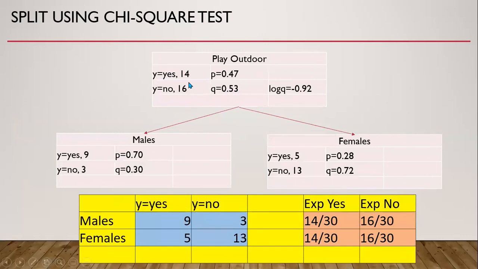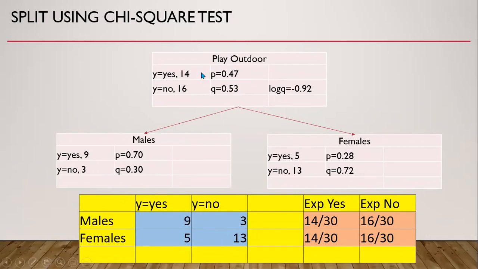So this is the same example. We have a set of 30 students. We divide them on the basis of male and female. So this is the contingency table for chi-square. These are the observed frequencies. Out of the 12 males, 9 plus 3, 9 play outdoor games. Out of these 18 females, 13 plus 5, 5 play outdoor games. And from where do we get expected frequencies? We get expected frequencies from the entire set.